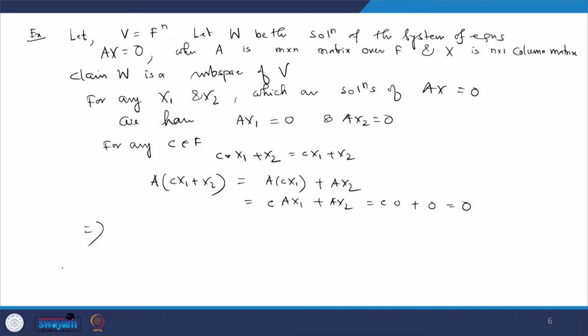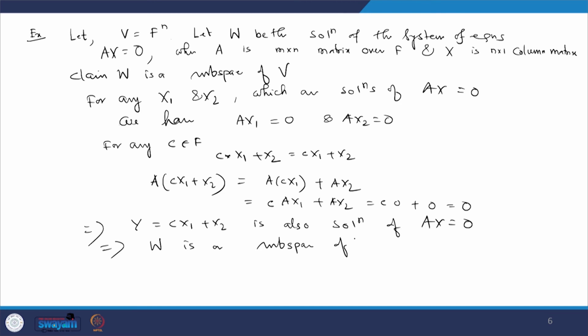So this implies that y equal to c x1 plus x2 is also a solution of Ax equal to 0. This implies that W is a subspace of the vector space.